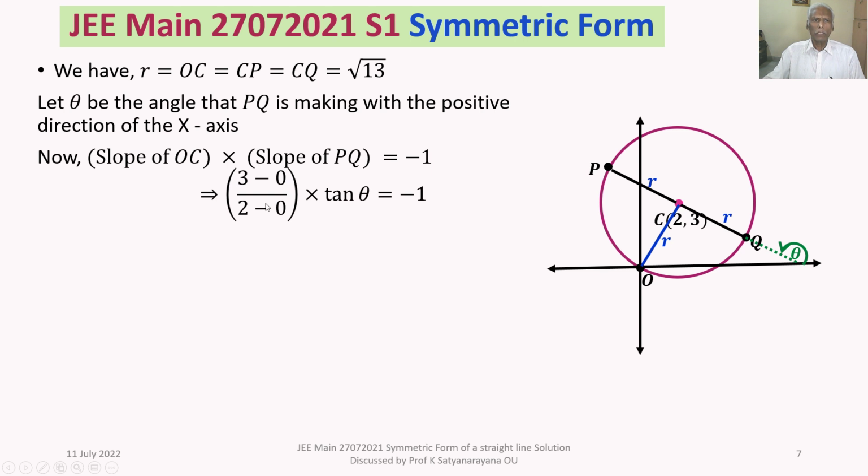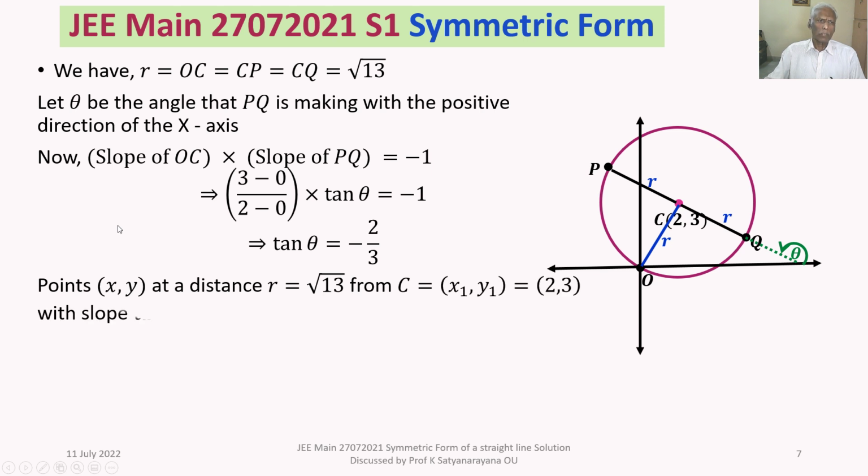The slope of OC multiplied by the slope of PQ, which is tan theta, is equal to -1. That implies tan theta is minus 2 by 3. And where will this theta lie? Theta will lie in the fourth quadrant. We will discuss that afterwards.